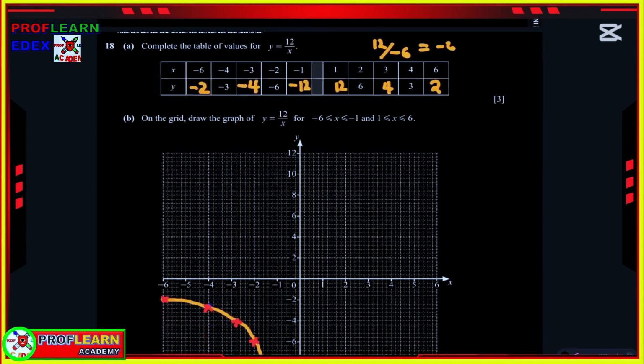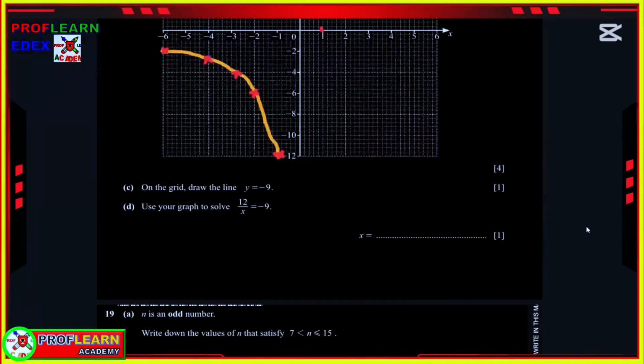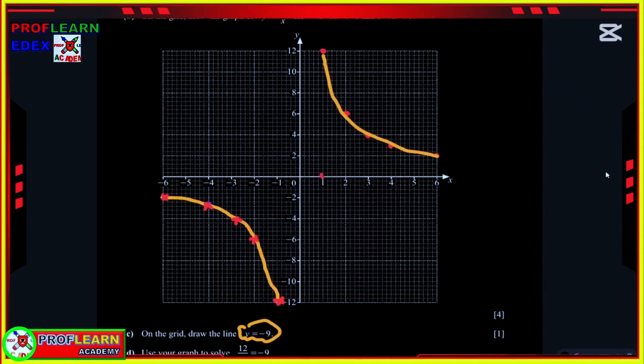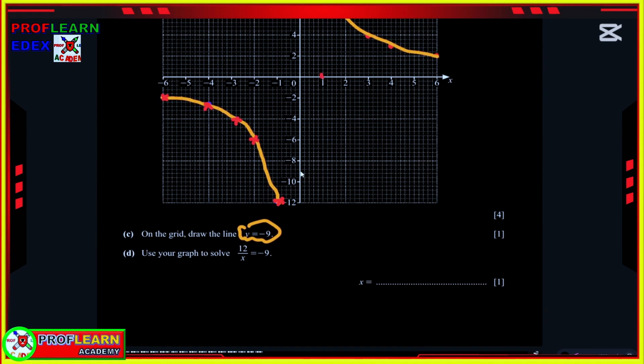And then we need to also plot the points for the other section. And then after we have done that, we can join by drawing a smooth line. So basically that's what we're going to do. And if you are told to draw the equation y equals -9, y equals -9 is down here.